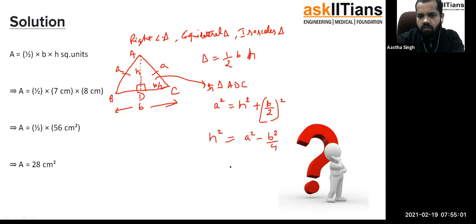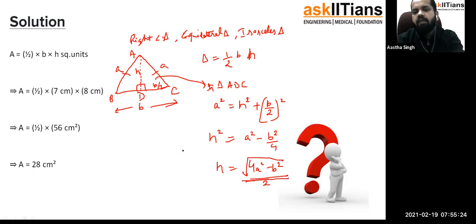So your h will come out to be under root of 4a square minus b square, divided by 2. This will be your height, right?